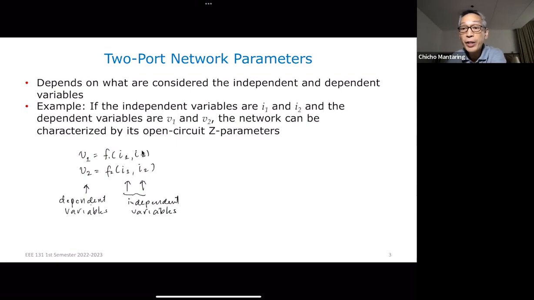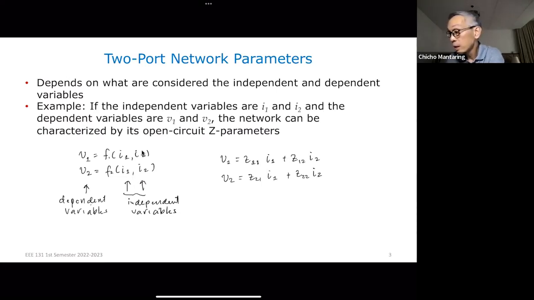Okay, the actual equations that are used to model the system are as follows. You have V1 is equal to Z11 I1 plus Z12 I2, and V2 is equal to Z21 I1 plus Z22 I2.